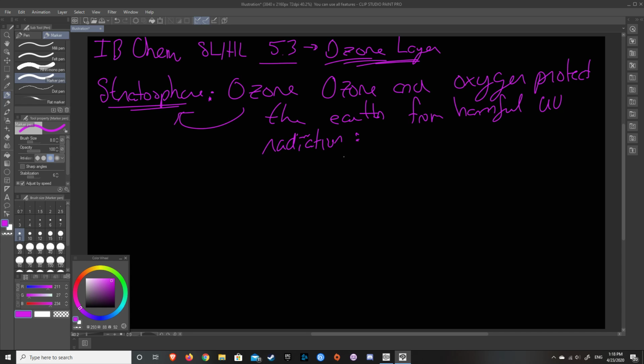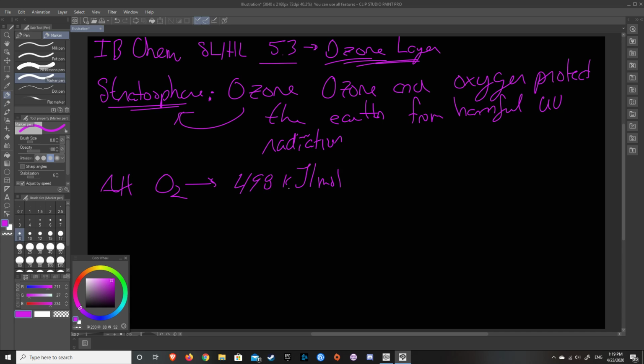It's just like we've said before when we looked at bond enthalpies. If we look at the bond enthalpy of O2, it's about 498 kilojoules per mole.